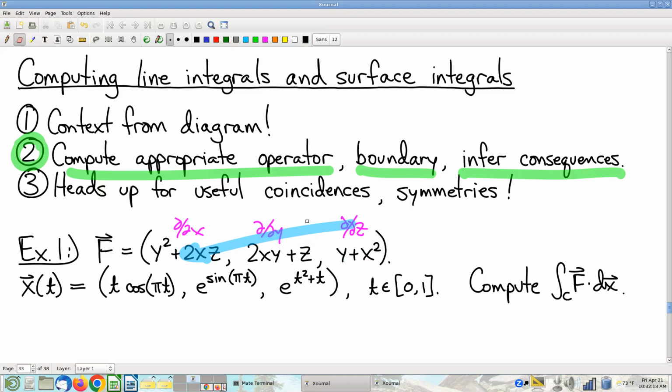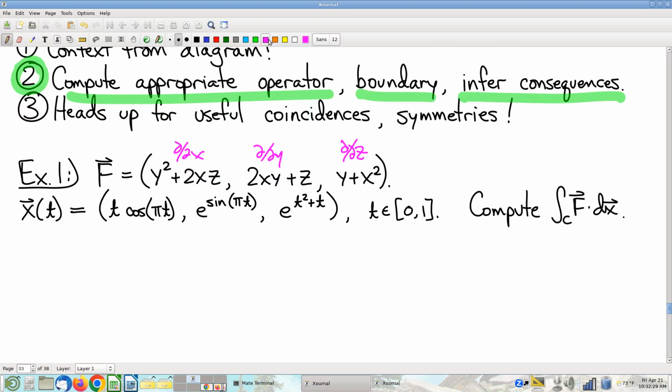Cool. Third coordinate will be the x partial of that minus the y partial of that, which is 2y minus 2y. So we computed the curl, and the curl is 0. That gives me good news. Curl of f is 0.